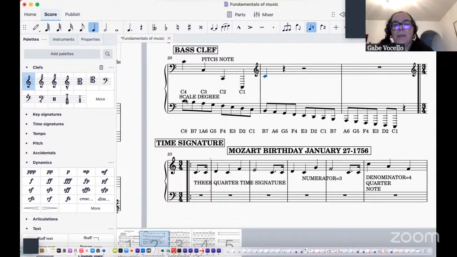C4 on the bass clef is the first ledger line above the musical staff. So this is below, this above. B3, A3, G3, F3, E3, D3, and C3. Here I'm saying the numbers as the pitch notes.